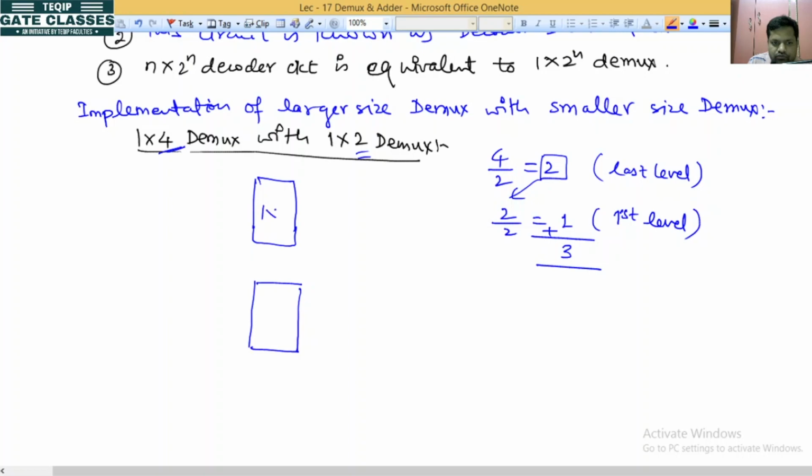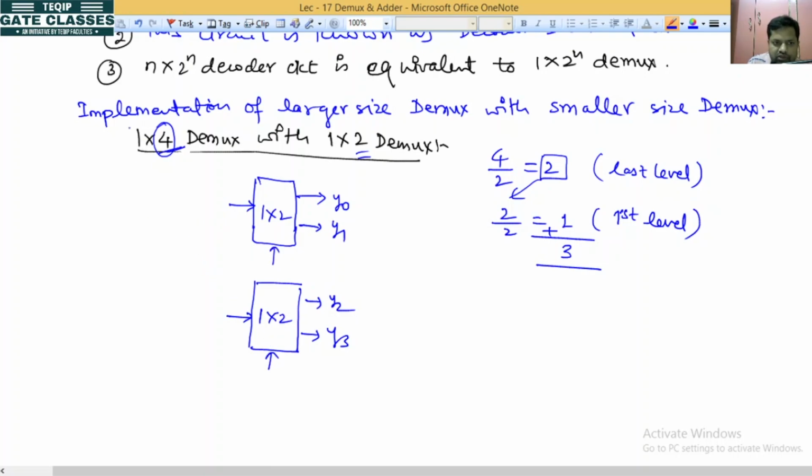So we have y0, y1, y2, y3, because in a demultiplexer we have 4 outputs. So we take parallel 1 cross 2 demux to get these 4 outputs. Now how many inputs are there? One input in each demux, so in total we have 2 inputs.